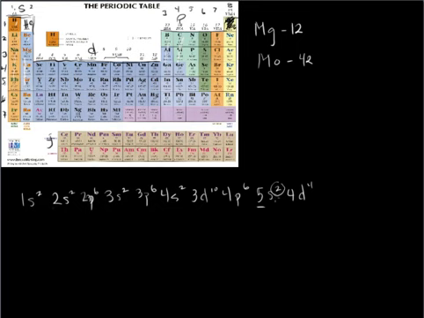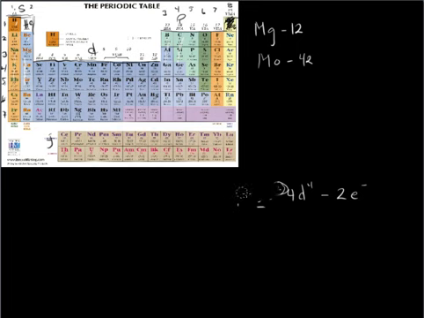There are no other 5s. If there were, you would add them up. This is our only 5, so there you have it, 2. We have 2 electrons in our outermost shell in molybdenum. All right, let's move on. Easy, right? This is the first chapter, pretty easy stuff.